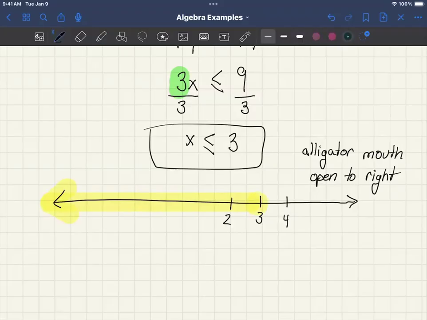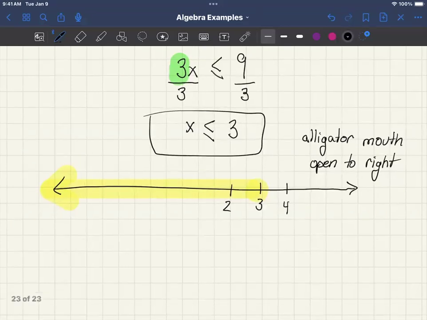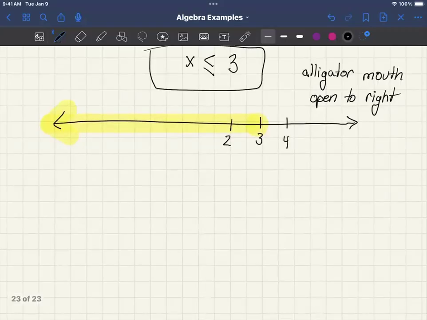So if our alligator mouth was not moving to the right, it would be less intuitive what that number line would look like. So that's why I always like to write out my solutions that way. Now, interval notation. Remember, there are two types of notation parameters that we're going to be working with.